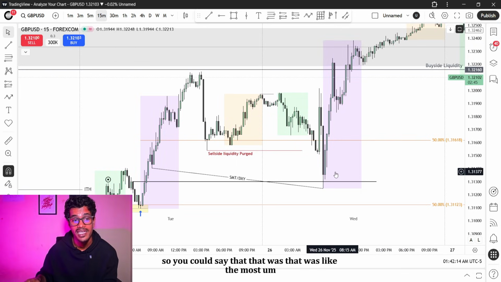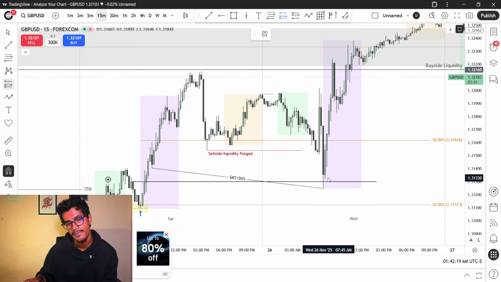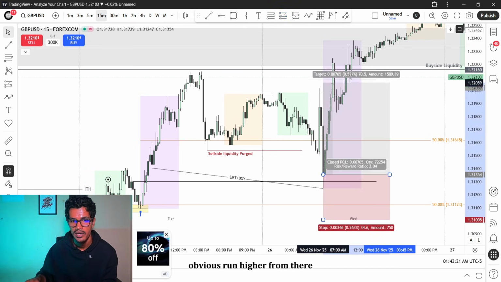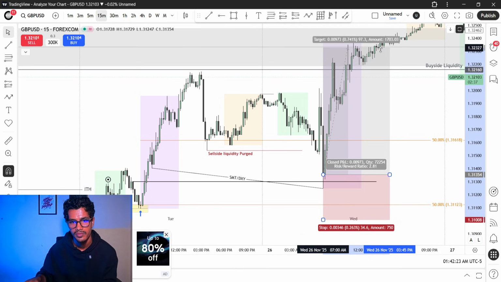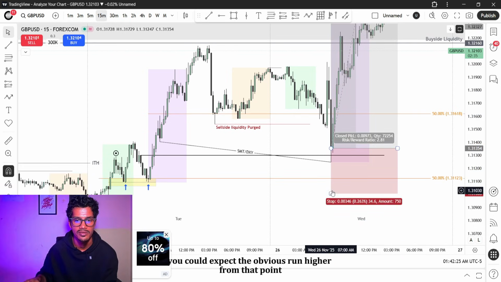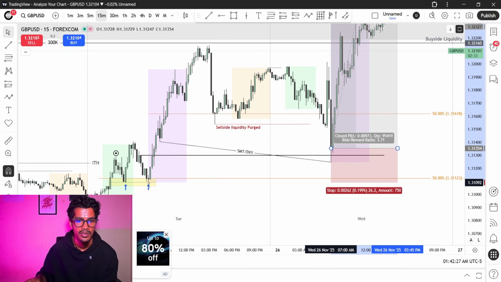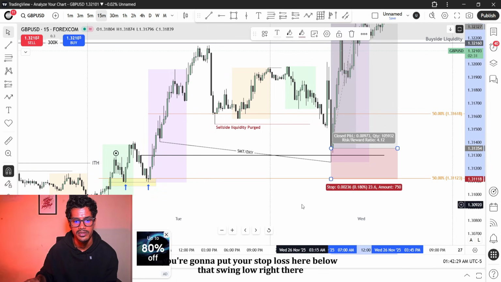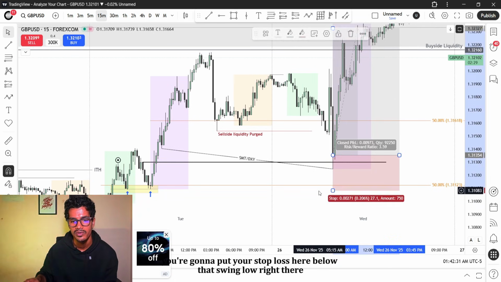So you could say that was the most obvious run higher from there. You could expect the obvious run higher from that point. You're gonna put your stop loss here below that swing low right there.